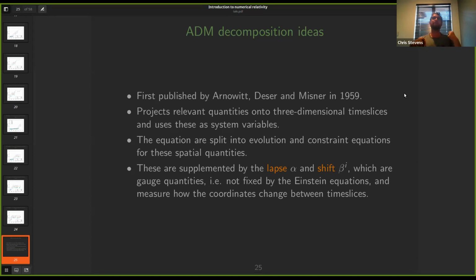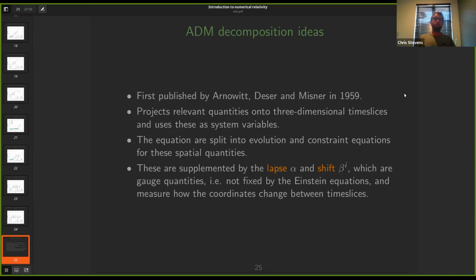So instead of using four-dimensional indices, you'll be using three-dimensional indices. Instead of using a four-dimensional Riemann tensor, which represents the curvature of the four-dimensional space-time, you'll be looking at the three-dimensional one given the three-dimensional metric and so on. So that's the idea of doing this.